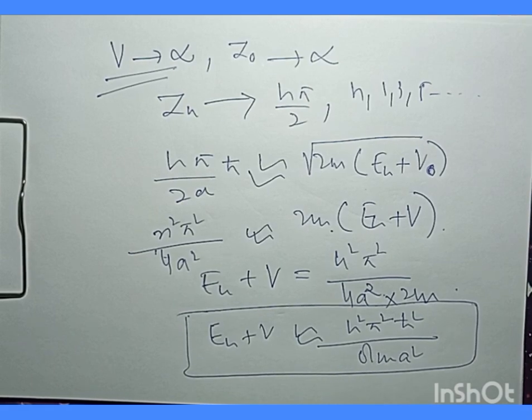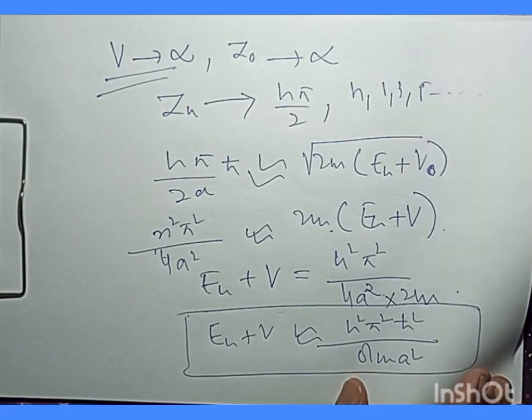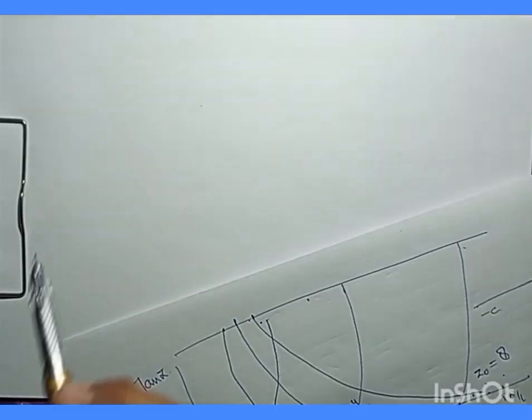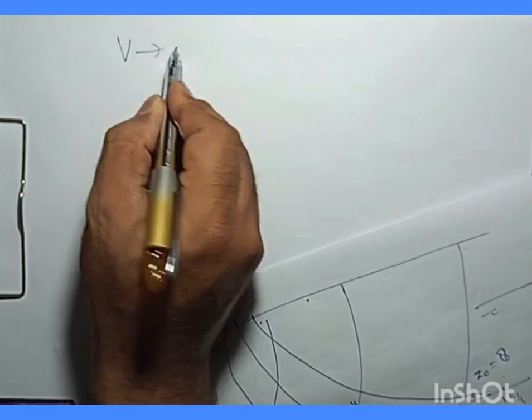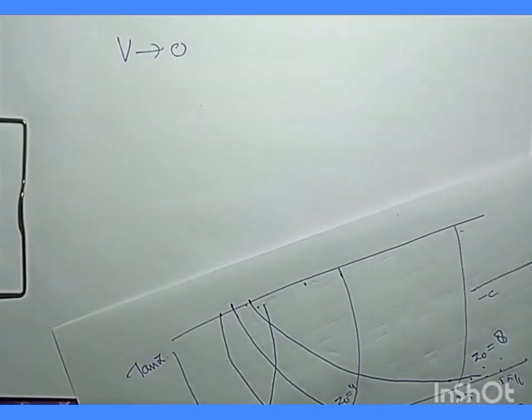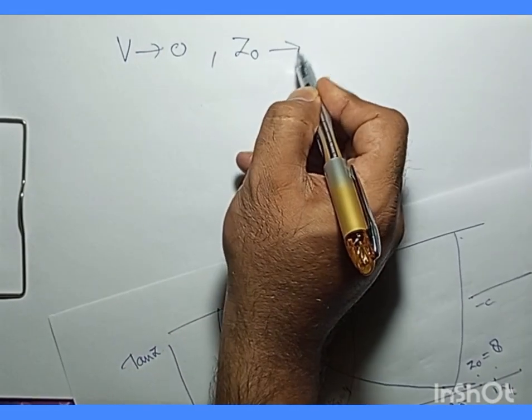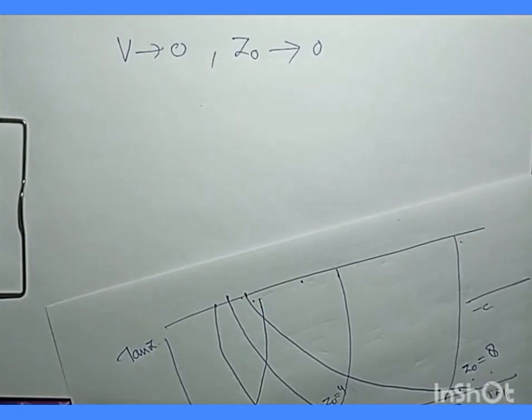And now there is another case. If this V tends to 0, so if this V goes on the lower side, obviously this z naught will go towards 0.